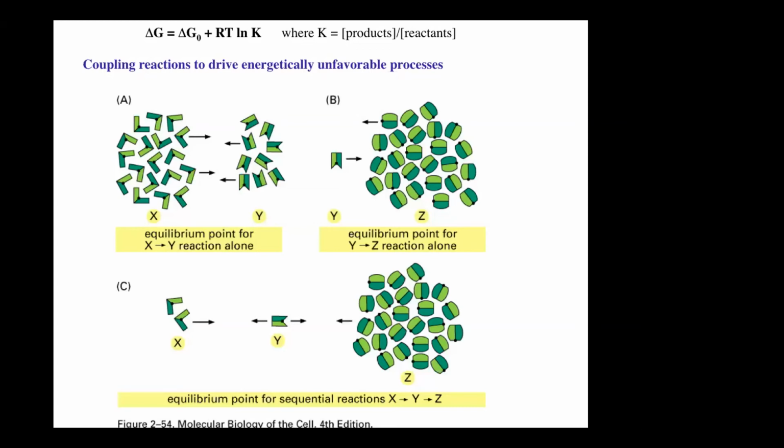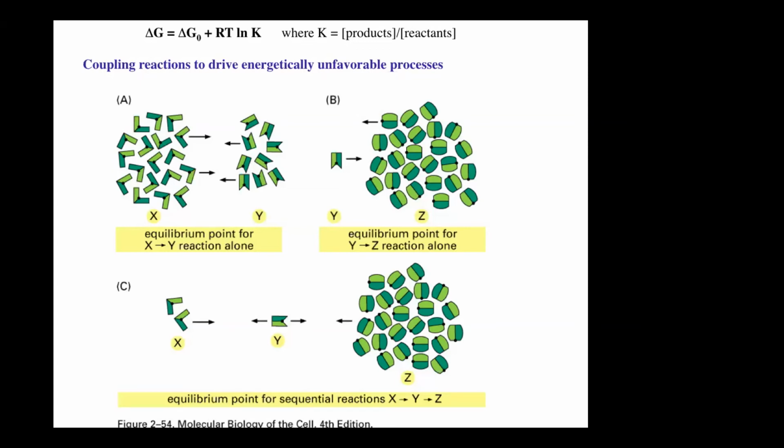And so if in a cell or anywhere else, there is a strategy to get rid of Ys whenever they appear, then you can make a reaction that starts off with a lot of X molecules and almost completely get rid of them, because every time you convert an X to a Y, you take the Y away and make it into a Z. And so this is a kind of ubiquitous strategy that you'll see in biology all the time. Okay, I hope that makes some sense.